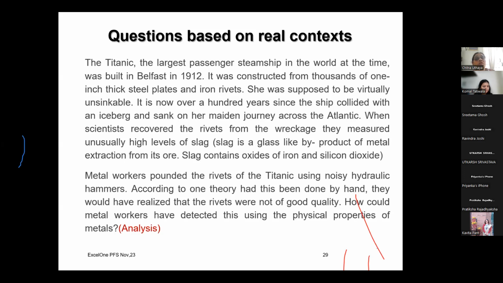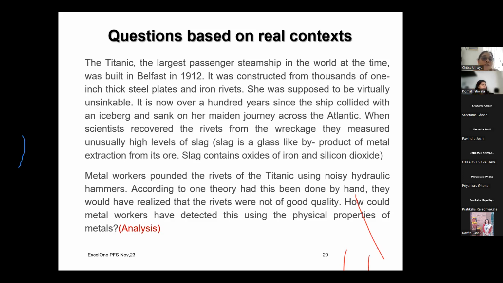She was supposed to be virtually unsinkable. It is now over 100 years since the ship collided with an iceberg and sank on her maiden journey across the Atlantic. Scientists have recovered rivets from the wreckage and measured unusually high levels of slag. And I've given what it is. And slag contains oxides of iron and silicon dioxide.